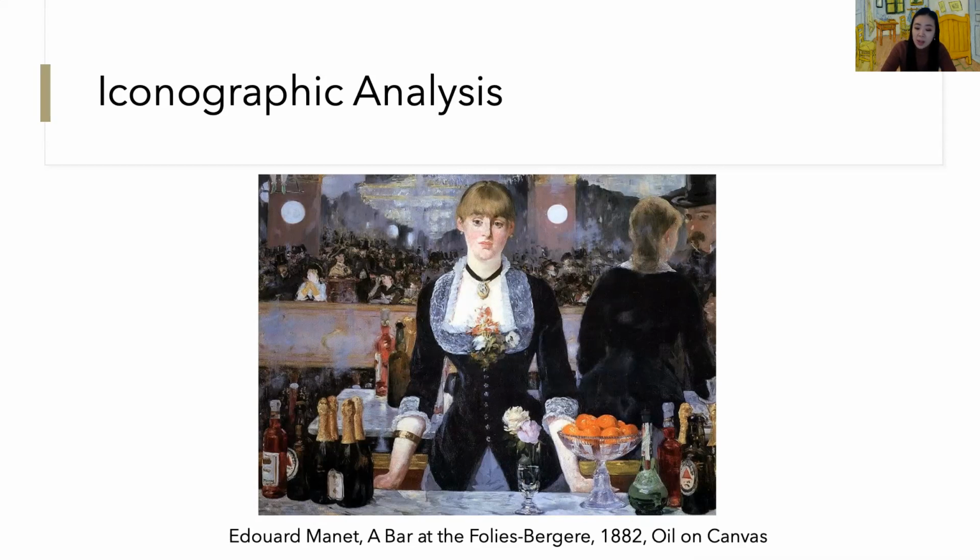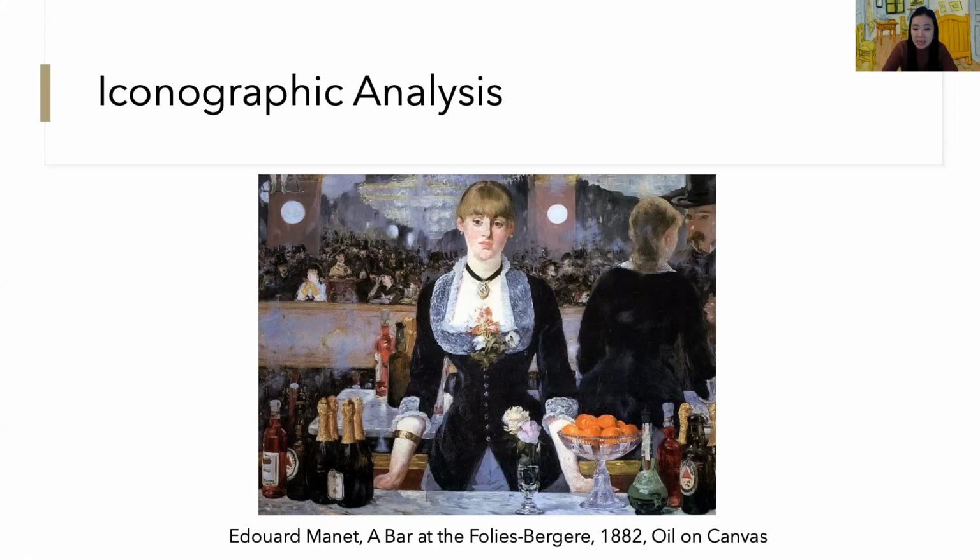And by including a dish of oranges in the foreground, Manet identifies the barmaid as a prostitute, according to art historian Lætitia Ligo, who says that Manet habitually associated oranges with prostitution in his paintings.